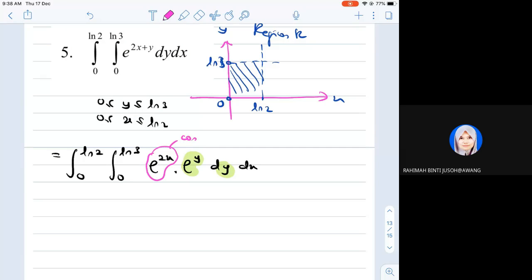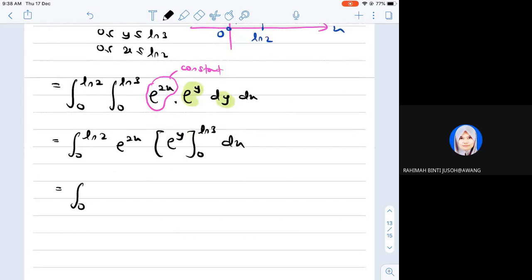Integrating e^y becomes e^y, so e^(2x) can be taken out. Substitute 0 and ln 3 for y, dx.